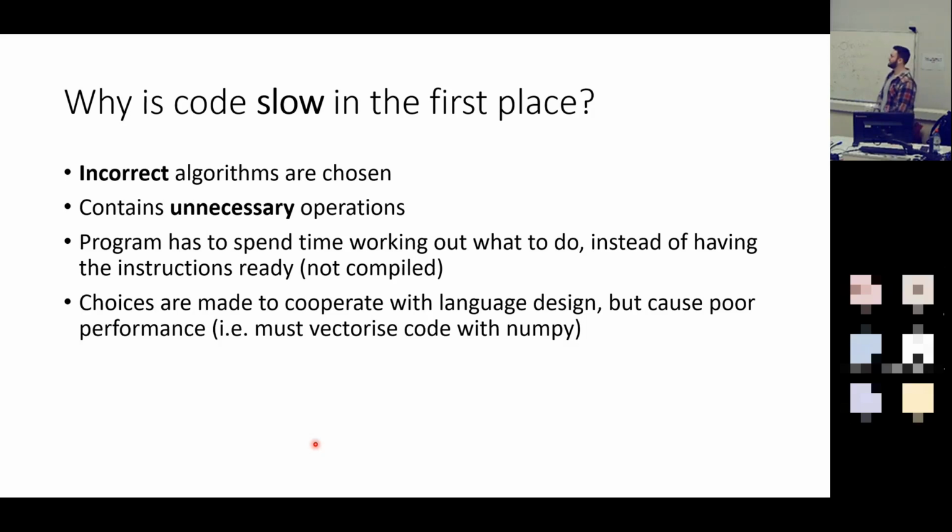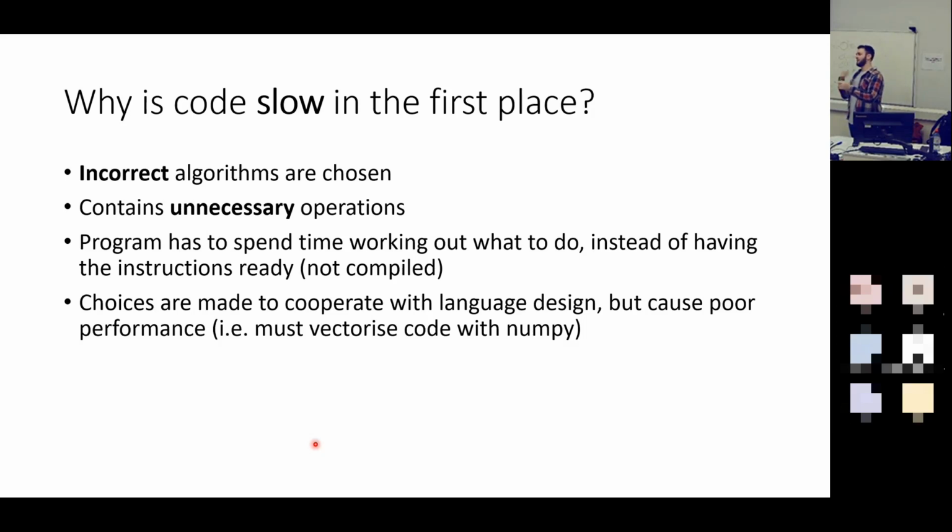But the main reason why you get differences between languages is the program has to spend time working out what it's actually meant to be doing, as opposed to just executing the instructions you want it to. This comes back to the idea of types. In Python, the types of values can change over time. So when you're executing your for loops, it has to check what type the number is.